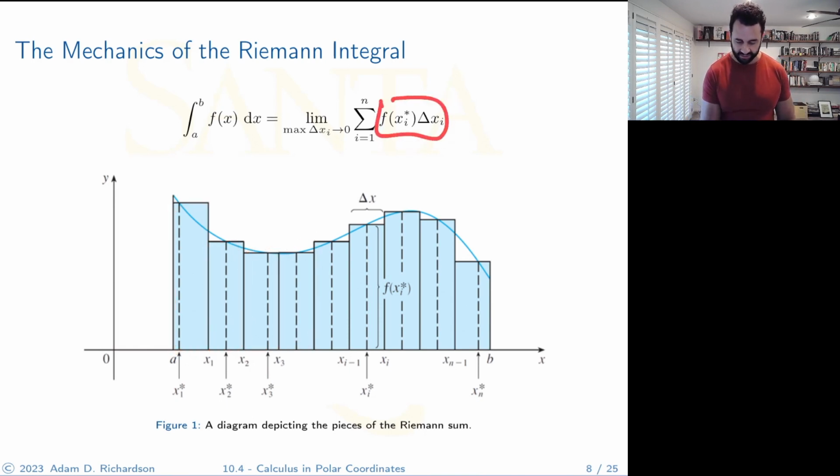You're getting the area of all these rectangles, and then you're adding them up, and that gives you a rough approximation of the area under that curve, right? Then you take the limit as the thickness goes to 0. So you let the rectangles shrink in size until they're infinitesimally thin. And then in the limit, you get the exact area, and that is the definite Riemann integral. So that gives you the exact area under this curve.